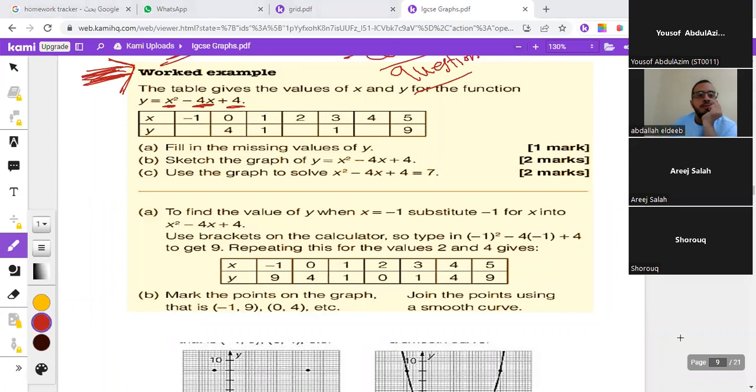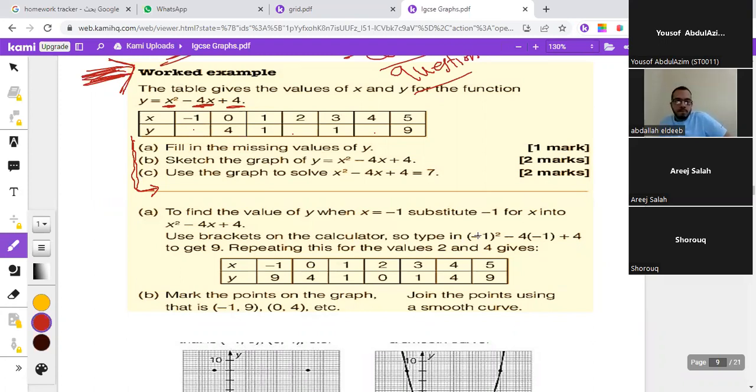And then what are the values missing here? Guys, if you got them, write them in the chat, please.